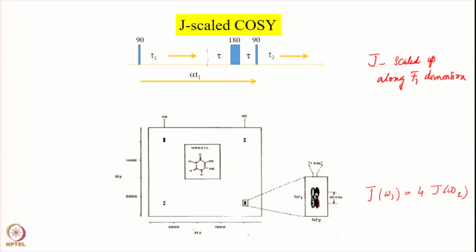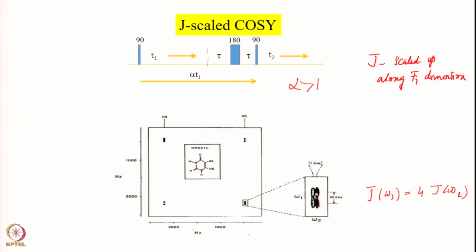This is your t1 period, you introduce additional delays, a tau 180 tau sequence, like a spin echo sequence, in such a way that the total time between the two 90-degree pulses is alpha times t1, and here alpha is greater than 1.